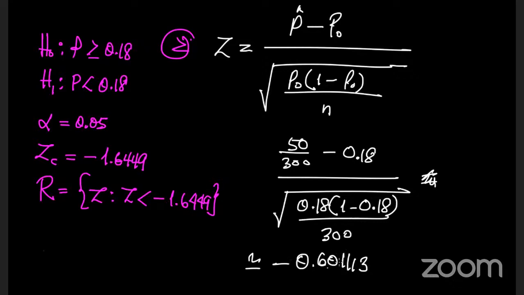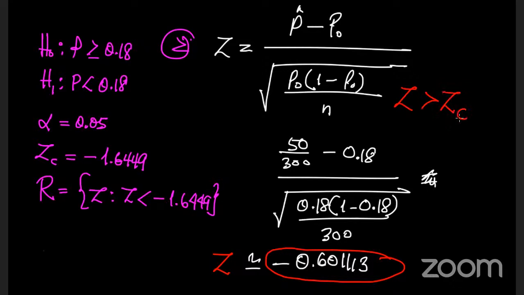But you see that this new value here, which is Z, is greater than the critical value. What was our critical value? This critical value was here.